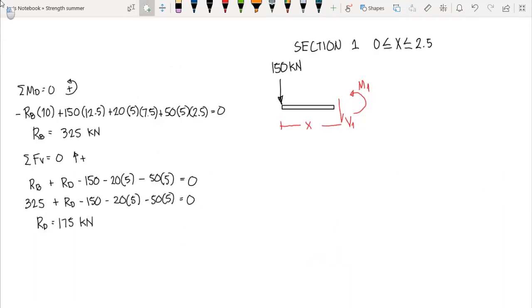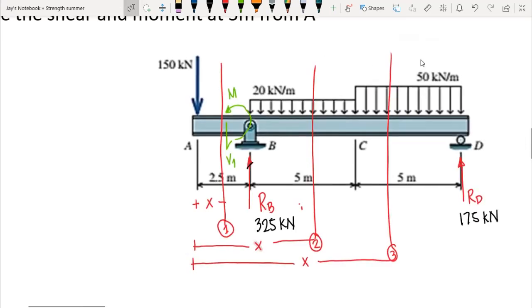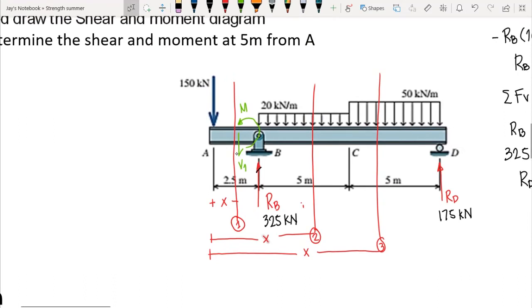So this is our cut section 1, and it is valid from the interval 0 to 2.5, since our cut section 1 here is continuous from A to B, and with our reference from A, we have our value of X from 0 to 2.5, since we have 2.5 meter distance from A to B. That's the interval of our shear and moment equation. So we can only use the moment equation and the shear equation within this range.